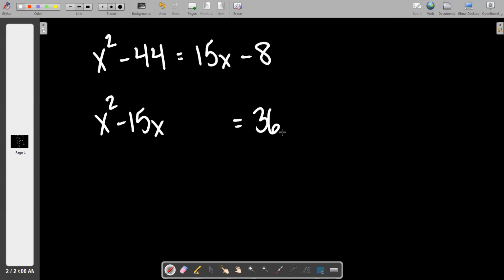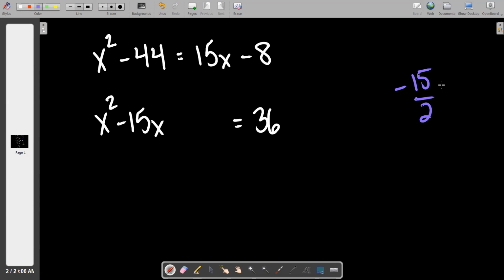Let's complete the square. What's half of negative 15? Negative 15 over 2. Saying or not saying that negative is a fight that I probably just have to eventually give up. But negatives are really the bane of my existence. I spend so much time in red ink every year on people's refusal to acknowledge negatives. So when I say what's half of negative 15, you should say negative 15 halves, right?